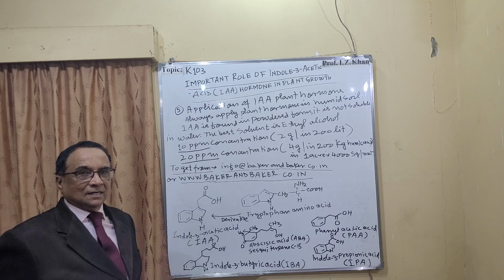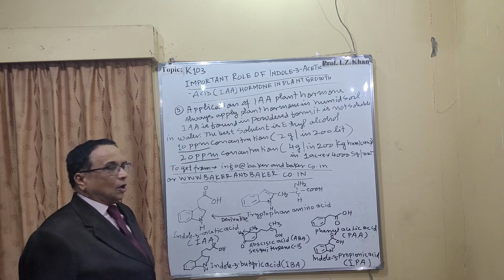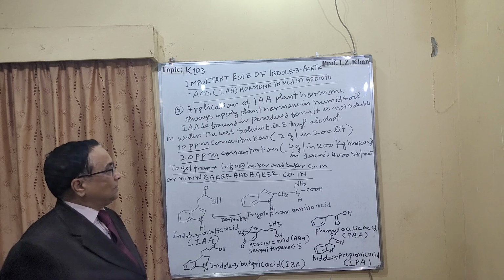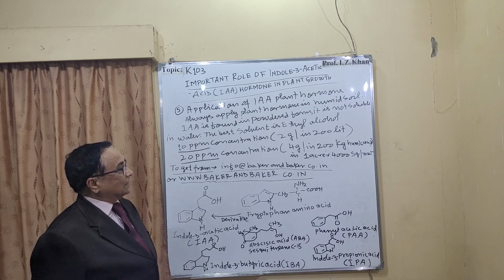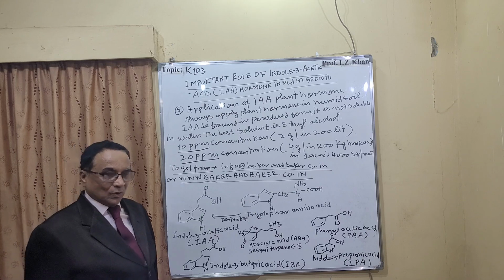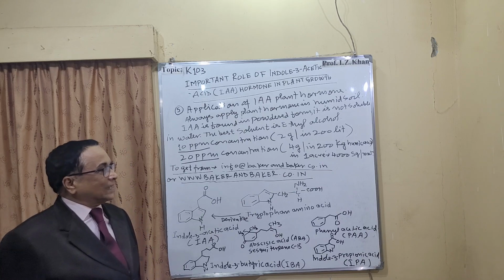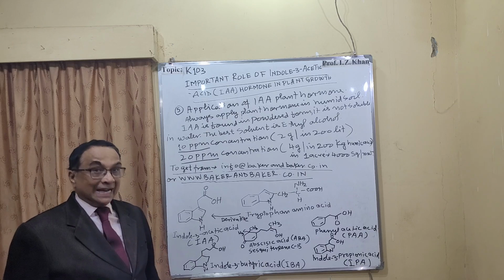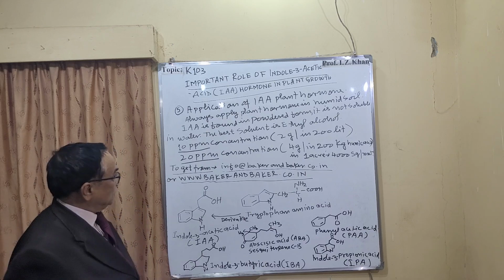Or you can mix it with soil, no problem: 4 gram in 200 kilogram of soil, applied in 1 acre, which is roughly 4,000 square meters. In that area you spray.